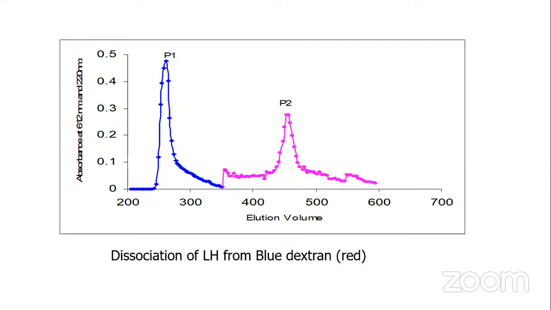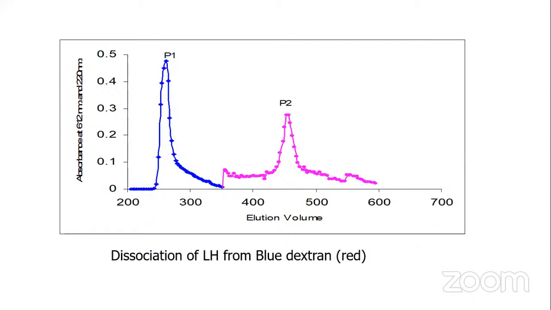However, we made a modification of this. All of you are aware that when you do gel chromatography, you use a dye called blue dextran, which is a dextran molecule polymer to which a textile dye, Cibacron blue, is attached covalently.